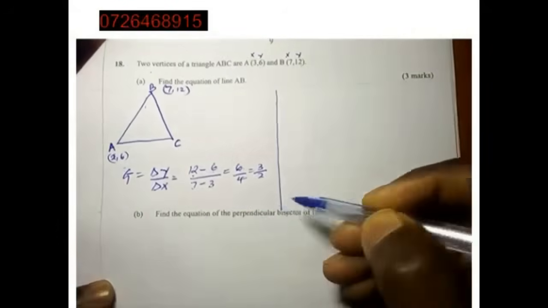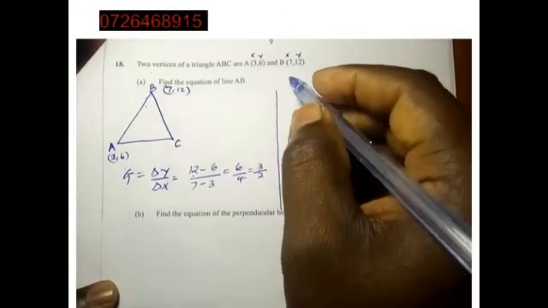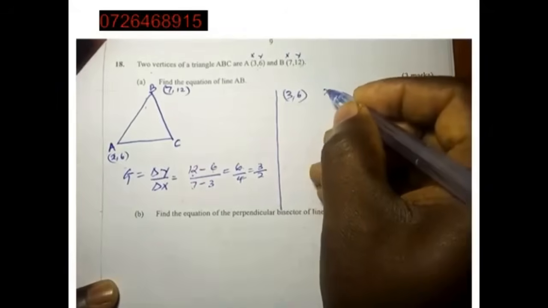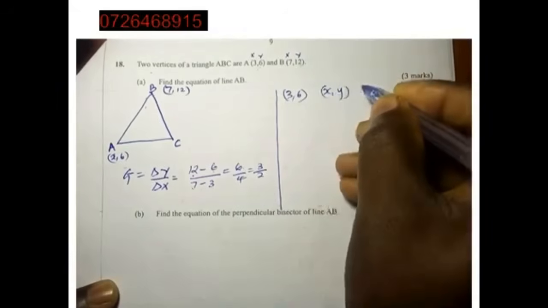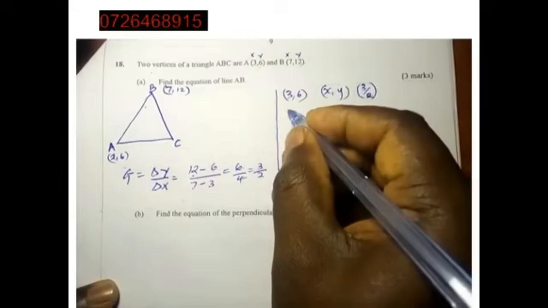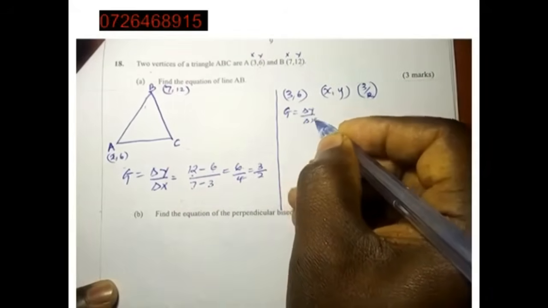So once tukishapata gradient, sasa tunachukua one of the point. Tunaweza chukua any point. Tuchukue (3, 6) na the general point which is (x, y). Na gradient yetu ni 3 over 2. Now tunajua gradient is equal to change in y over change in x.